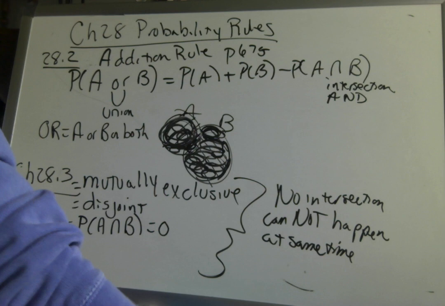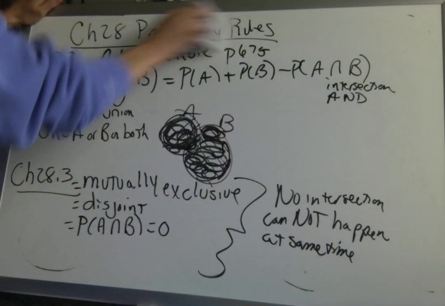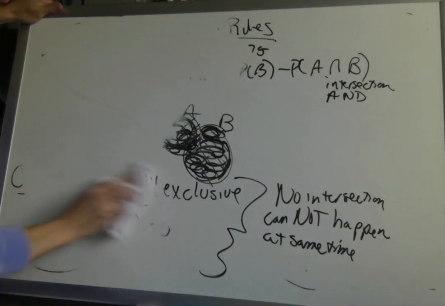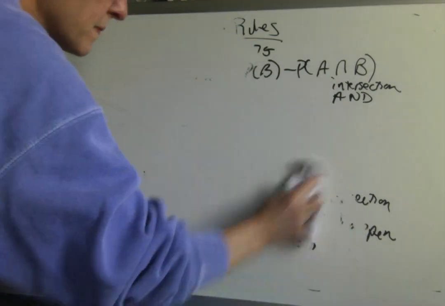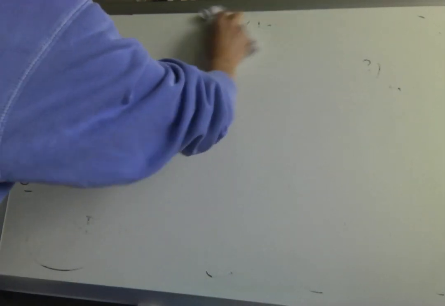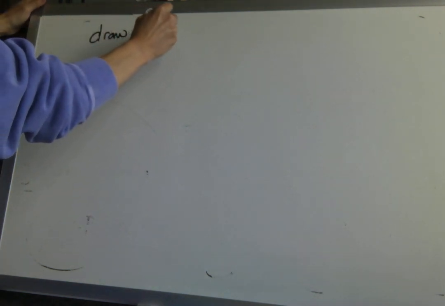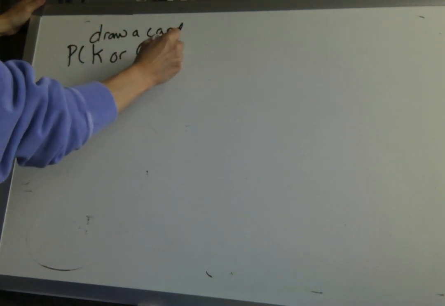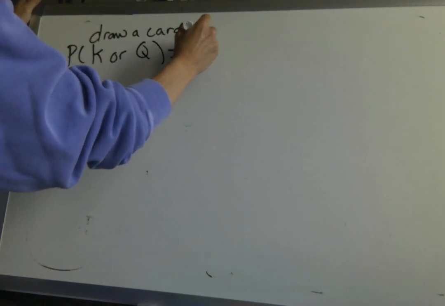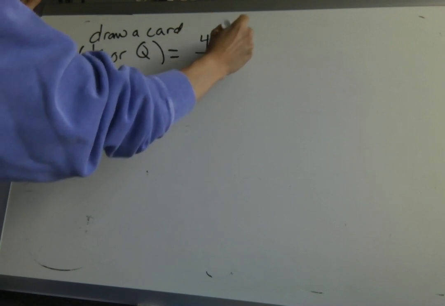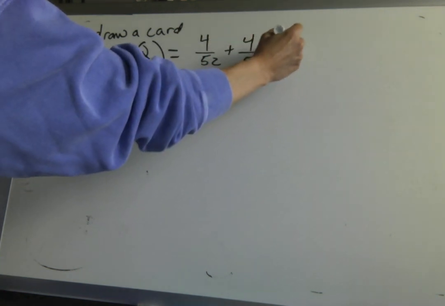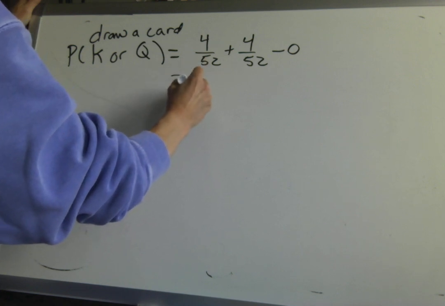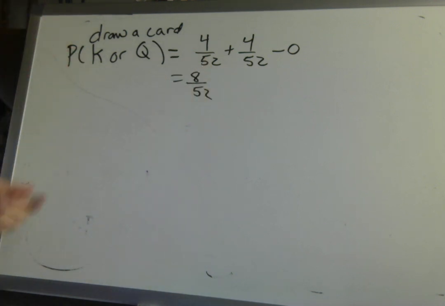So let me write that up a little bit. Okay, probability of king or queen.